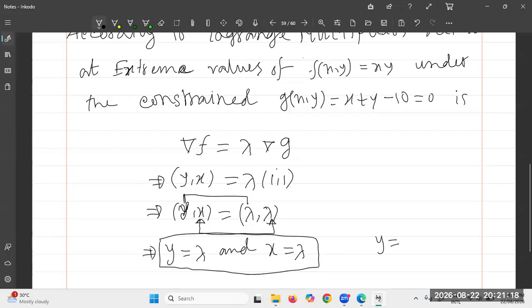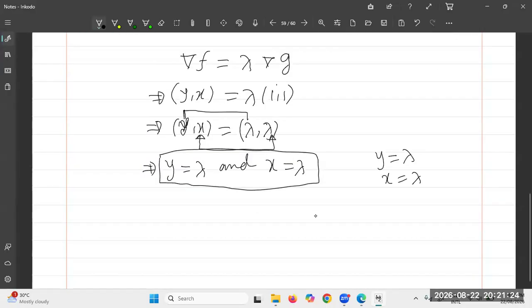Since y is equal to lambda and x is also equal to lambda, the relation is y is equal to lambda is equal to x. So y is equal to x.